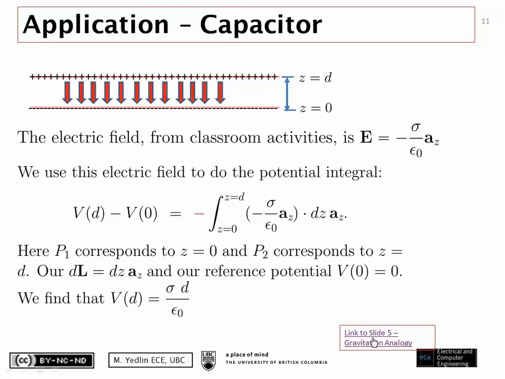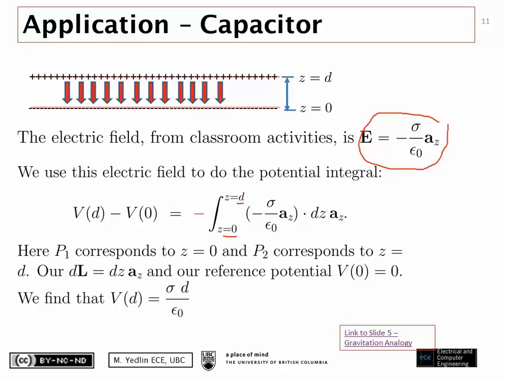If we look at our capacitor, we can see that it's exactly the same. The force per charge, E, is down. We're integrating from 0 to d, and we substitute in the dl's the same. The minus is canceled. There's a constant here, sigma over epsilon naught. We just have a simple integral to do from 0 to d of 1, which is d.